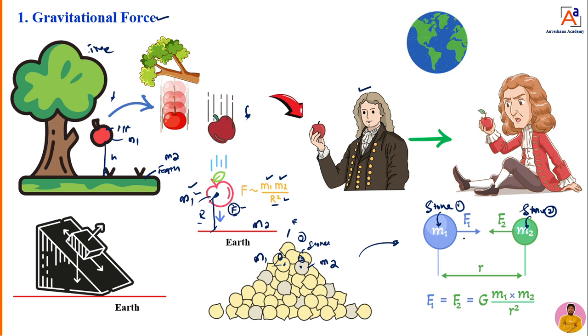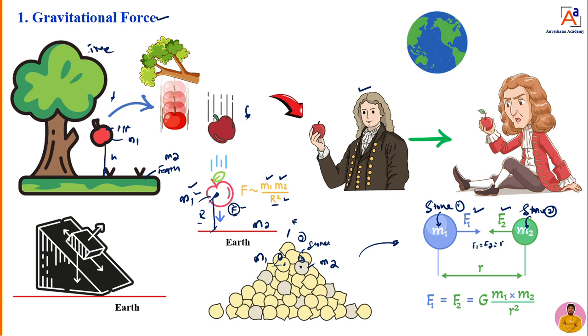When there are two objects with masses m1 and m2, the force exerted by mass 1, or object 1, is F1, and the force exerted towards mass 1 by object 2 is F2. That same force they exert on each other, because they have masses m1 and m2.